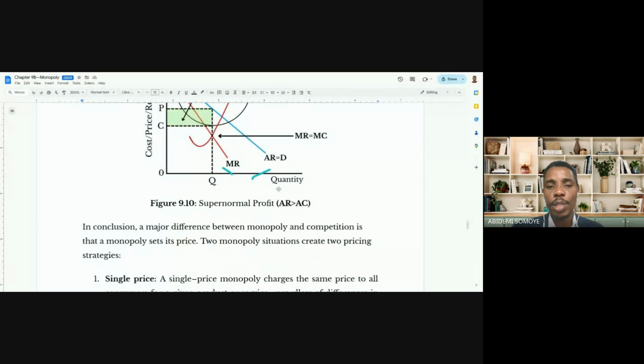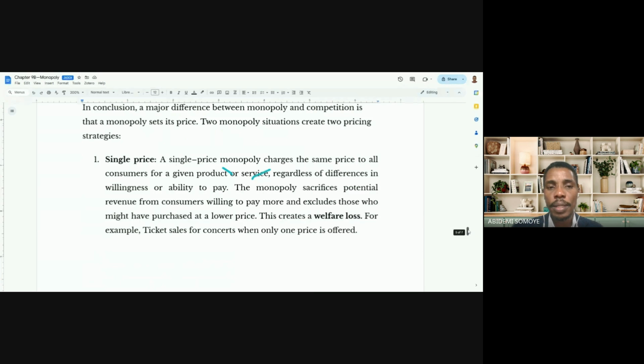In conclusion, a major difference between monopoly and competition is that a monopoly sets its price. Two monopoly situations create two pricing strategies. You can have a single price. A single price monopoly charges the same price to all consumers for a given product or service, regardless of differences in willingness or ability to pay.